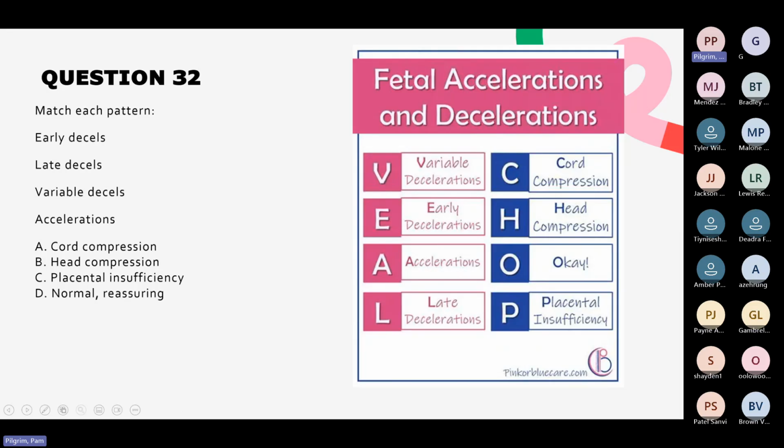All right. So I put the VEAL CHOP acronym there on the right. So this is another matching question. So you can just put like 1, 2, 3, 4 for the early, late decels, and then put which thing it goes with after.